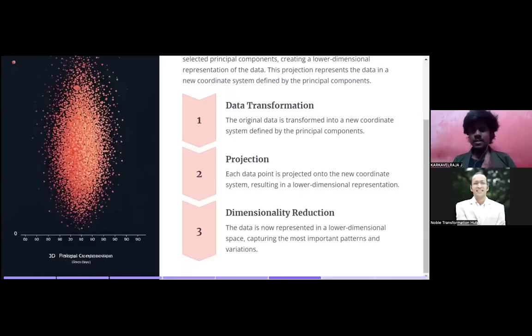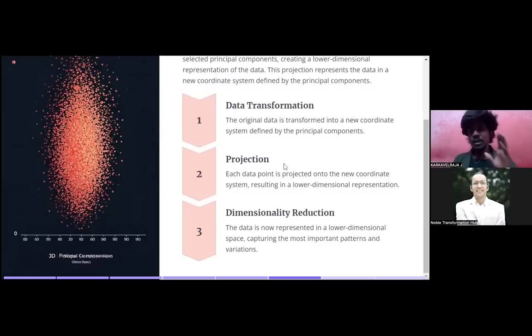First is data transformation. The original data is transformed into a new coordinate system defined by the principal components. We can have data in 10 dimensions, or consider data in a pentagon shape. We reframe it to only the dimensions that we need. That is called data transformation.